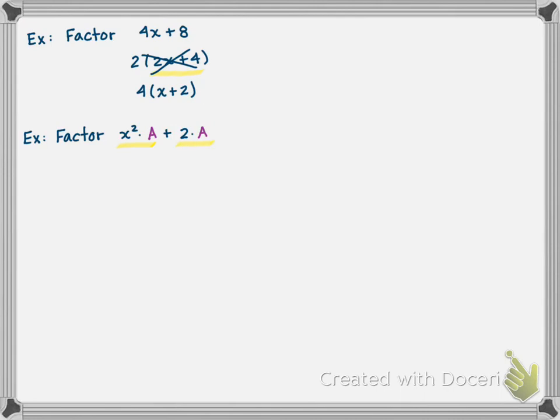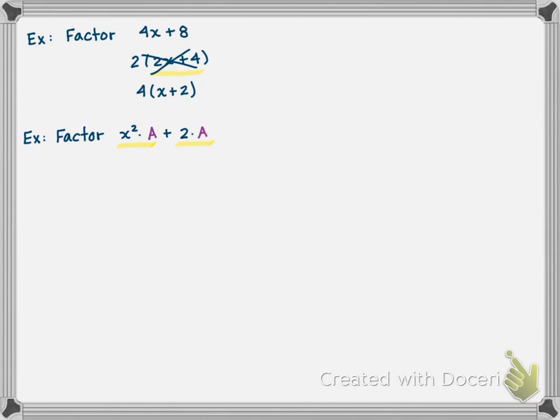And recognizing terms as opposed to factors is going to be a really important part of getting all of this stuff correct. It's easy to get it mixed up when more and more starts happening. So in general, things that are added outside of parentheses create our terms. And then things that are multiplied are factors. So here we have 2 terms. Our first term contains a factor of x squared and a factor of a. And our second term contains a factor of 2 and a factor of a.